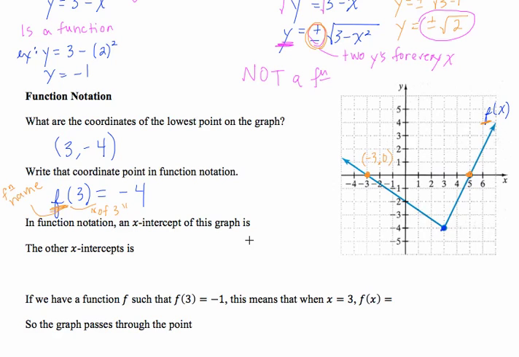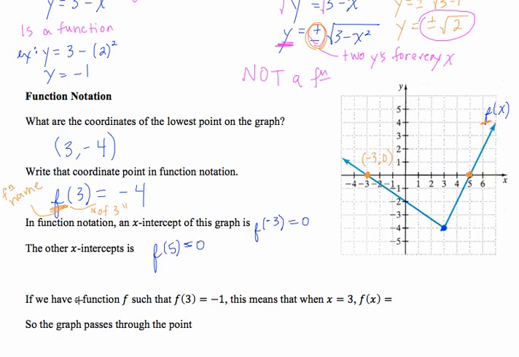So in function notation, the x goes in with that f. So you would say f of negative 3 equals 0. So there that is in function notation. The other x-intercept over here is this one, whose coordinate point is 5, 0. So you would say f of 5 equals 0.